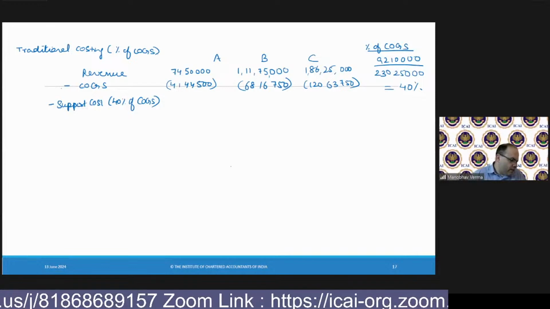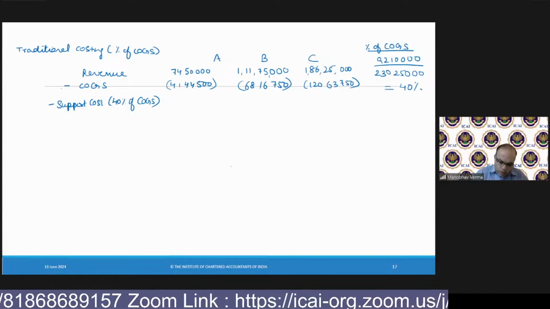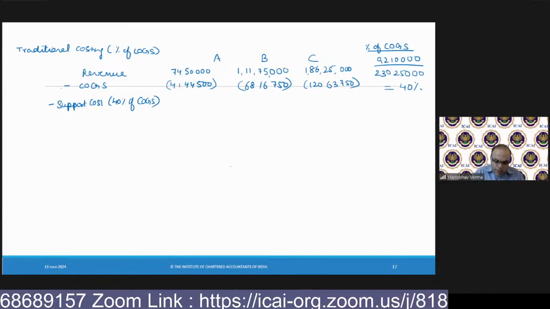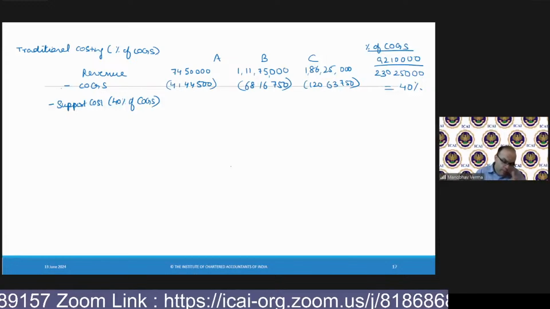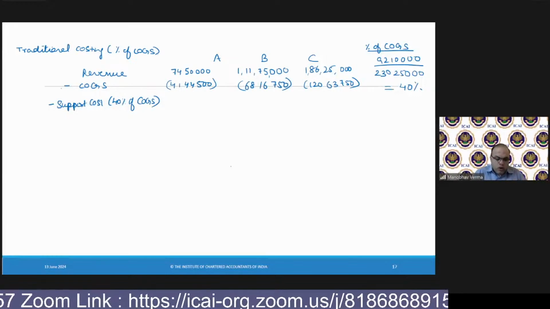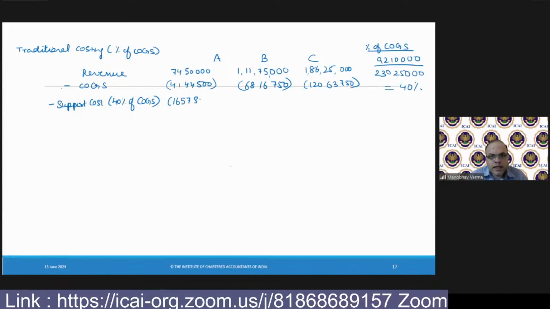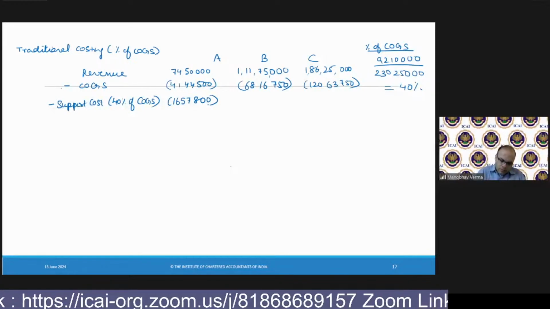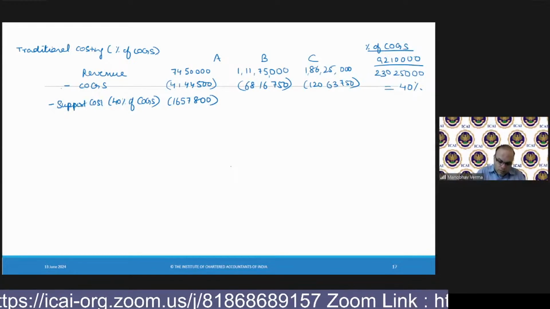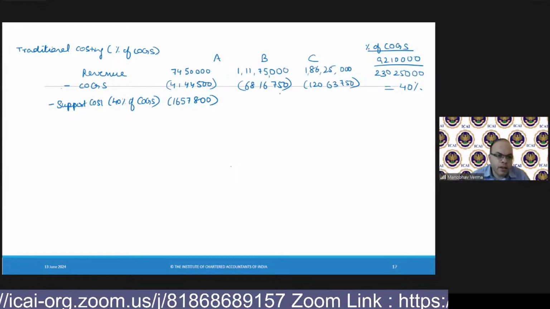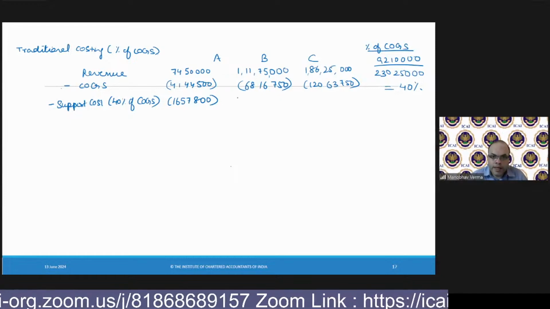People on the query panel, everyone doing good? So please tell me what will be the support cost if I have to allocate based on the costs. Are we getting 16,57,800? What will be the support cost for B?